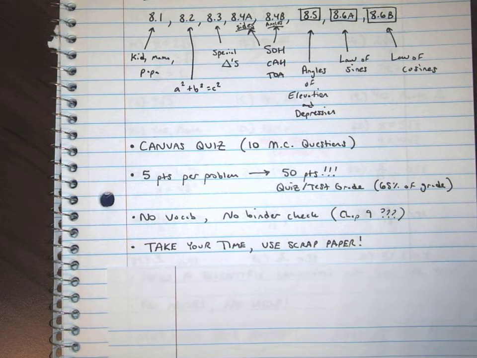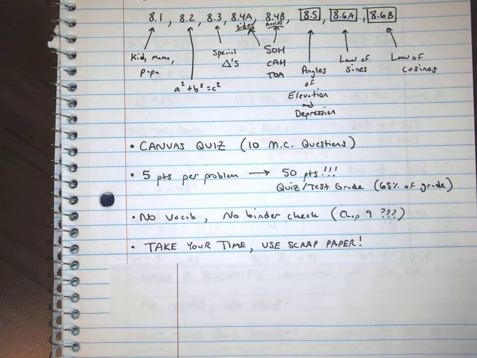When you're taking this quiz on Monday, take your time and make sure you have a piece of scrap paper in front of you. I cannot overemphasize this enough. Take your time, have a piece of paper and a pencil out in front of you and try these problems.